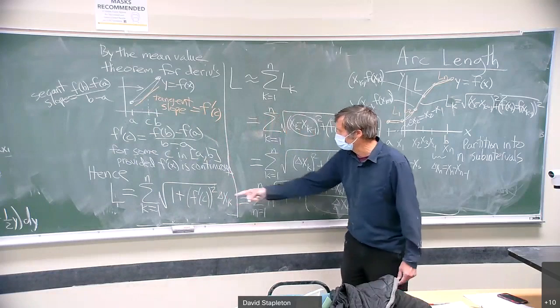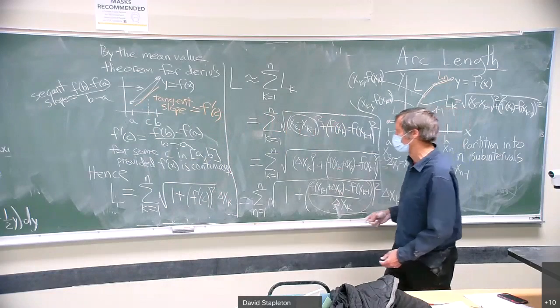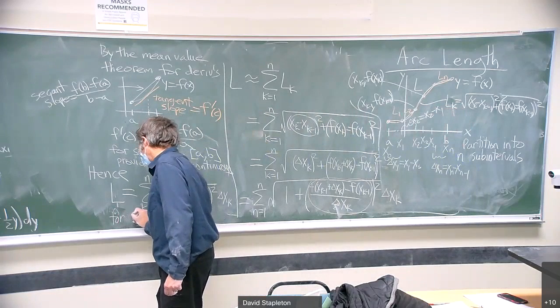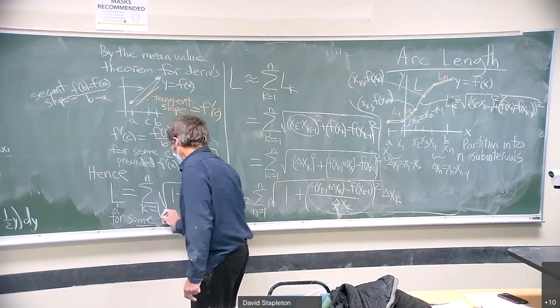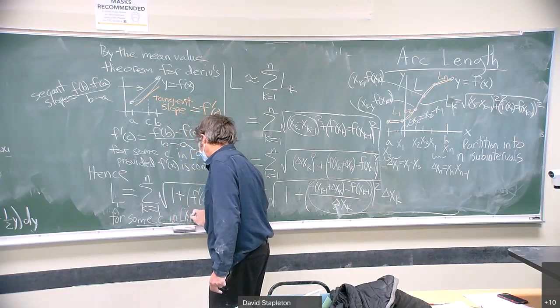So this one becomes this one, just replacing this with the derivative somewhere in the middle by the mean value theorem. And this is true for some c in the kth interval, for some c in the interval from xk minus 1 to xk.